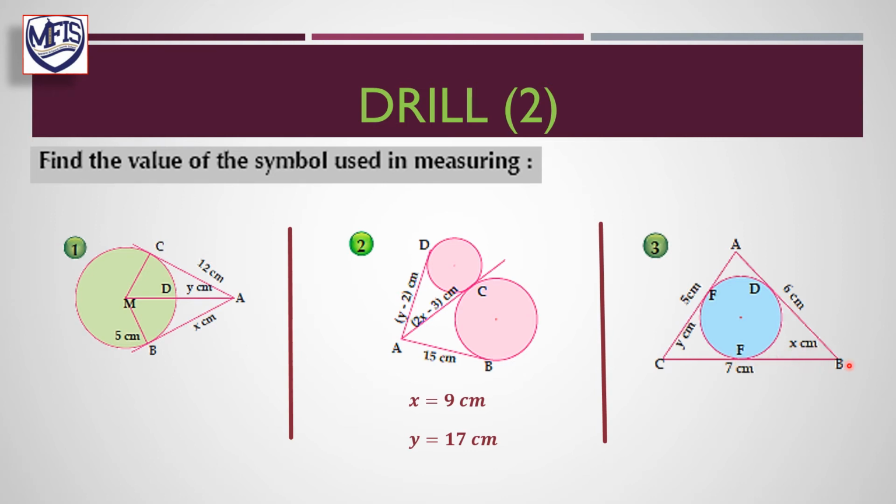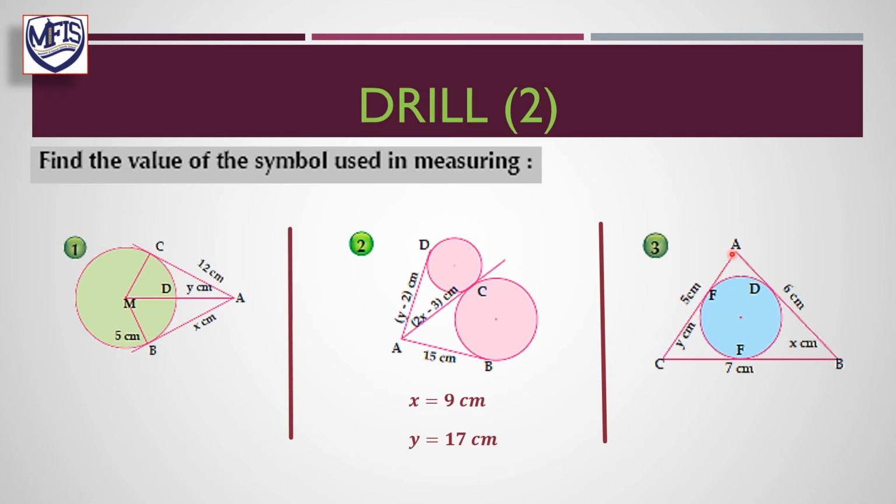Therefore, BD equals x also. What about the two tangents from point C? Now CF equals CE. So CE equals y and CF equals y also.